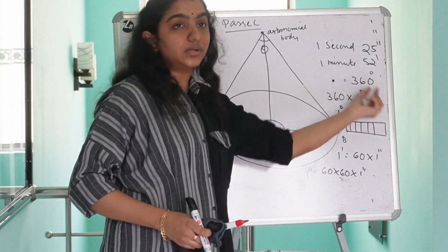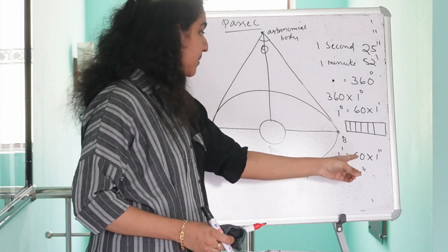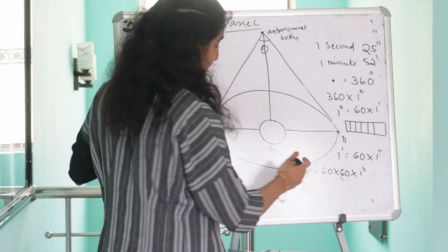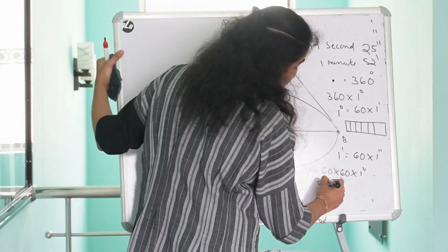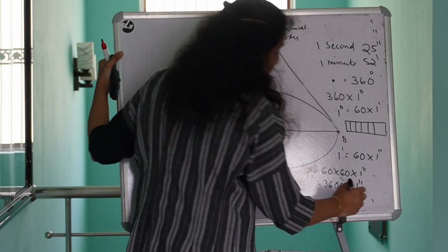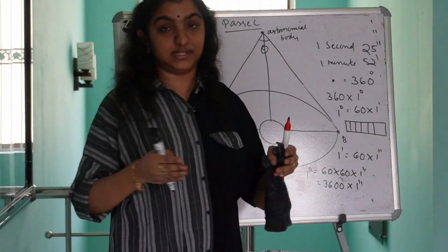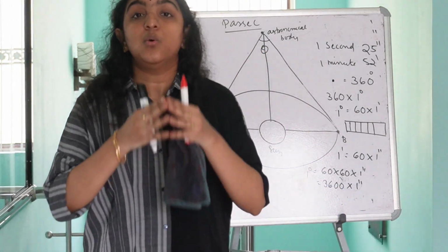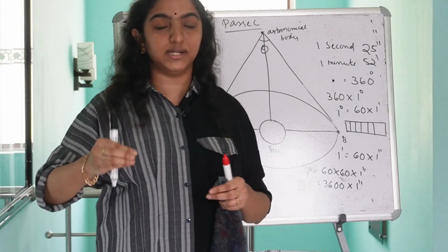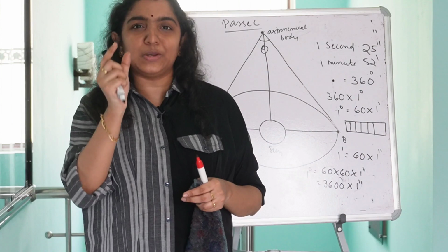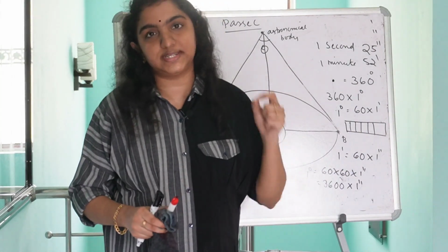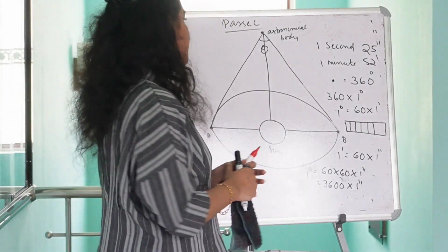So I substitute 1 minute by 60 seconds. So we can divide 1 degree into 3600 equal parts. When we divide 1 degree into 3600 equal parts, the angular measurement of each equal part is equal to 1 second. Is it clear?